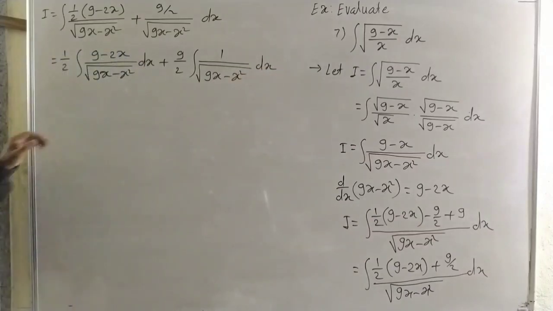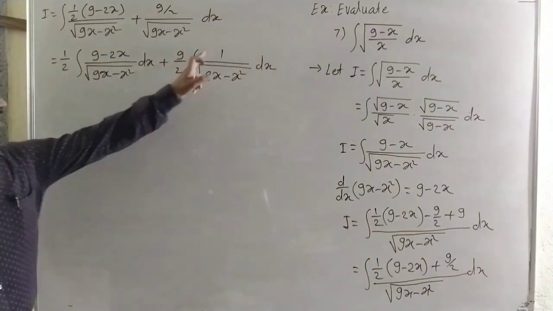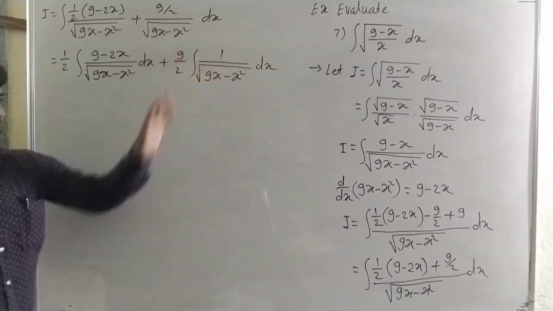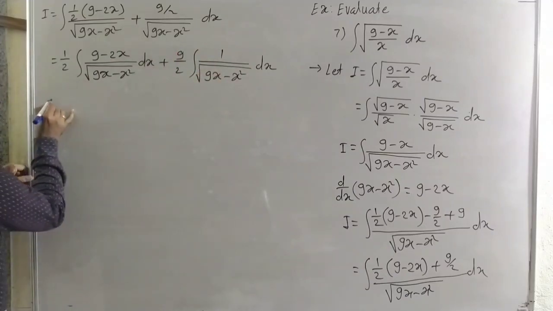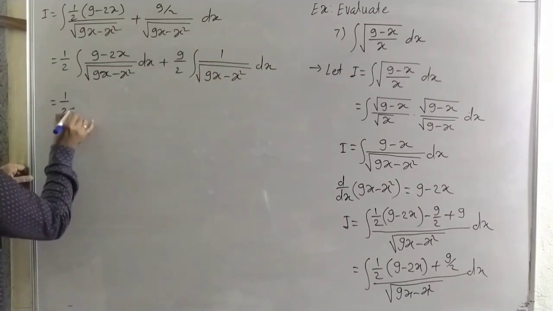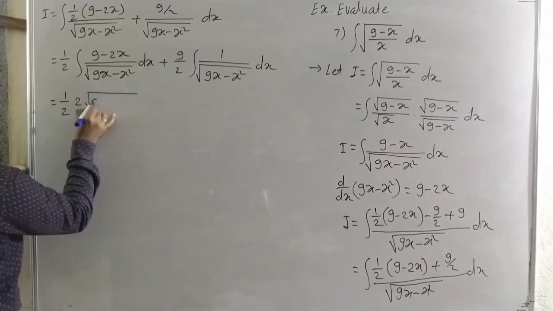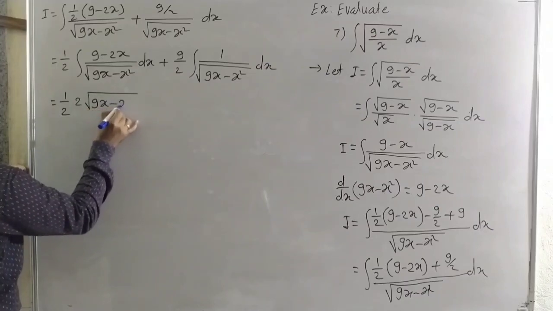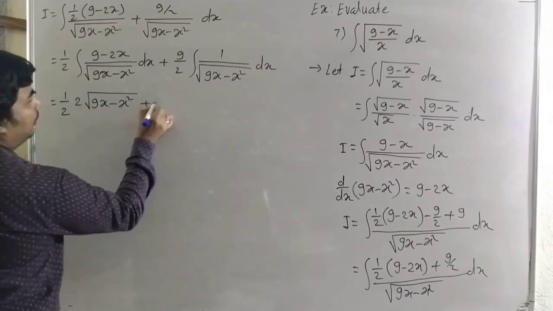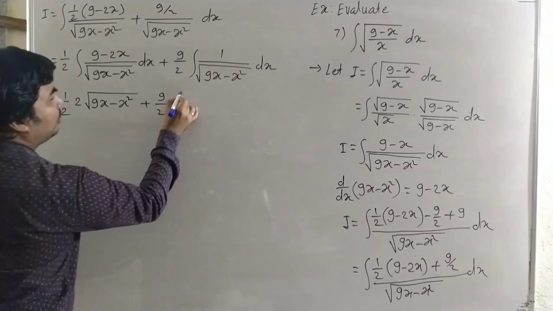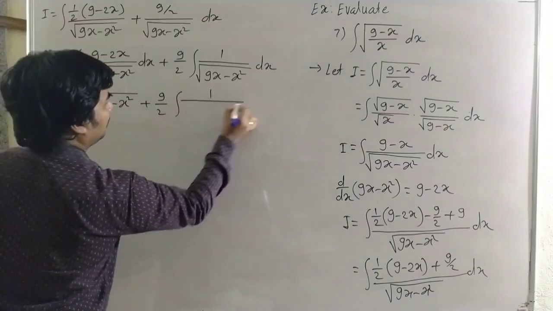Okay. Now here it is f dash of x upon under root f of x, and the other is 1 upon under root quadratic function. Now it is 1 by 2 into 2 under root f of x, that is 9x minus x square, plus 9 by 2 into 1 upon under root.